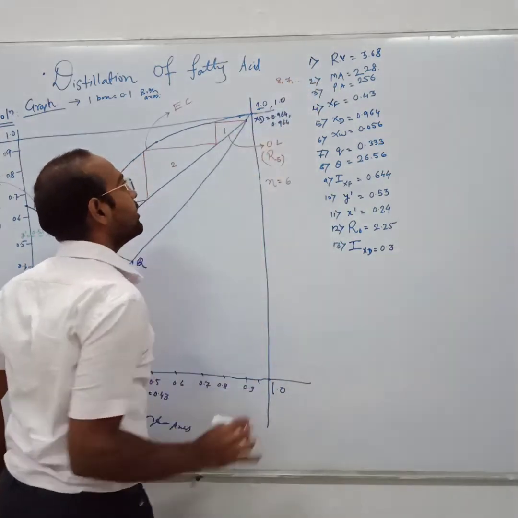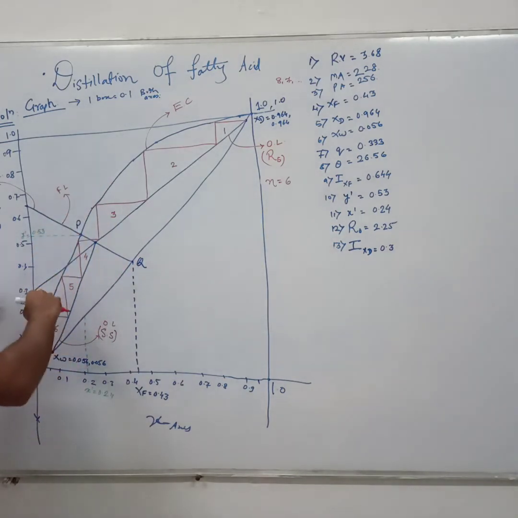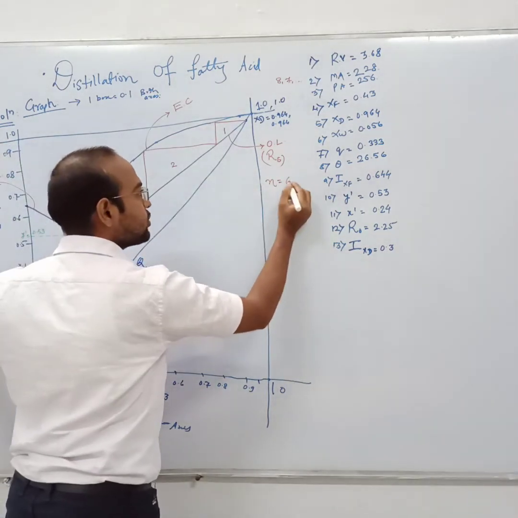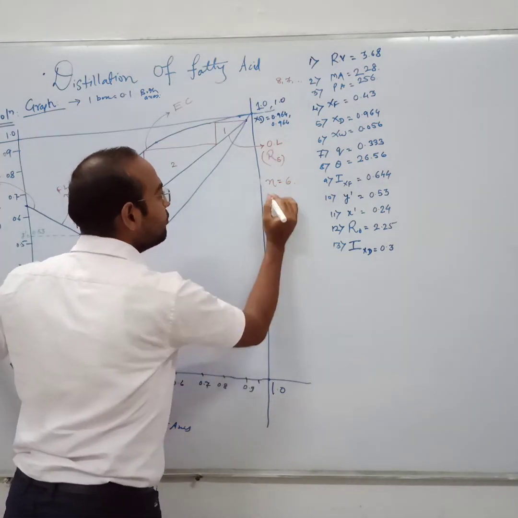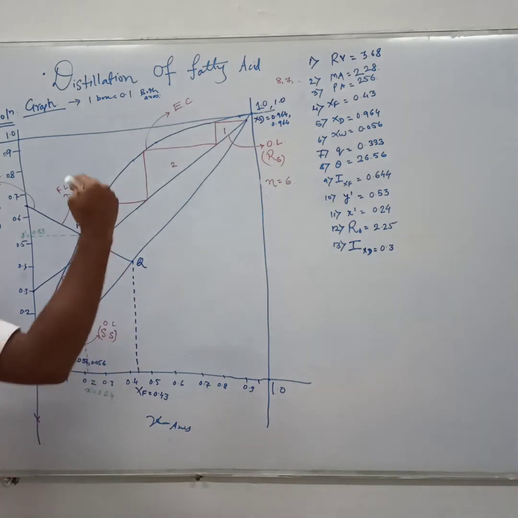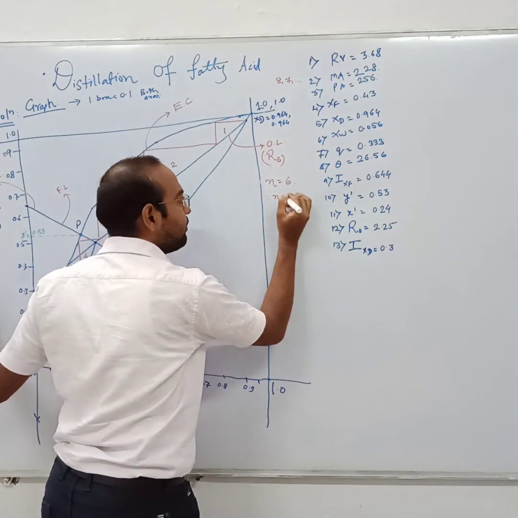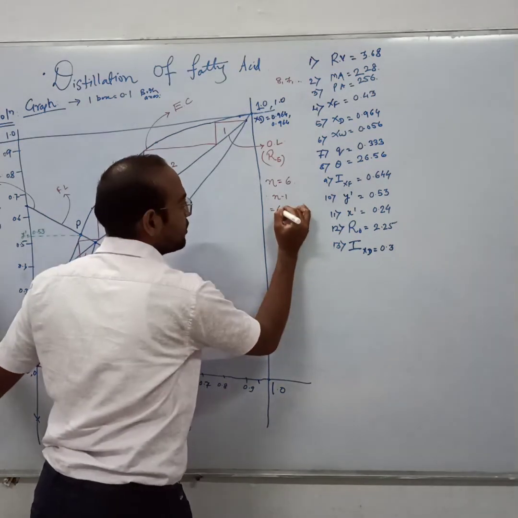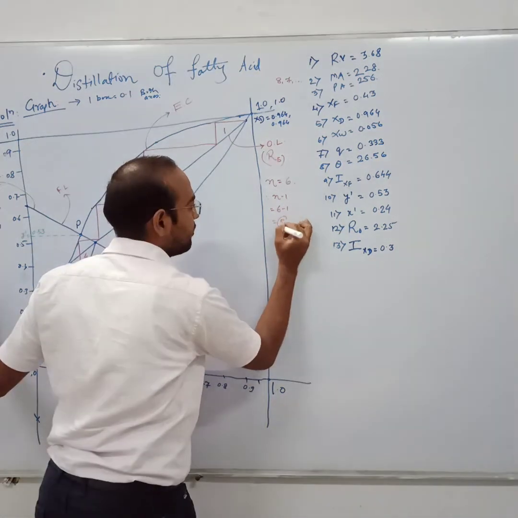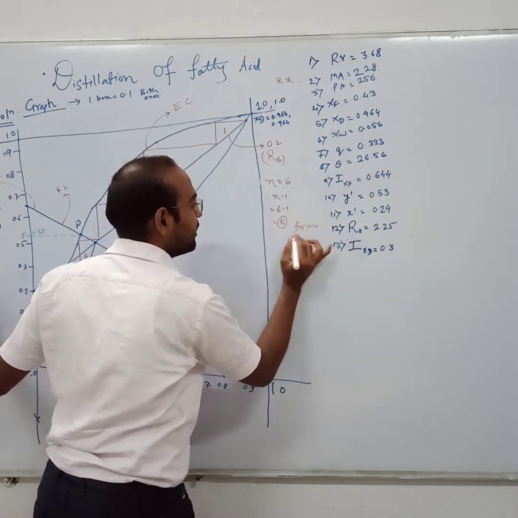It's difficult for me to draw everything with a proper scale, that's why I get approximately n equals 6. Now this n contains one more plate, that is the plate of the reboiler and condenser. That's why the actual number of plates needed is n minus 1. So 6 minus 1 is 5, for me.